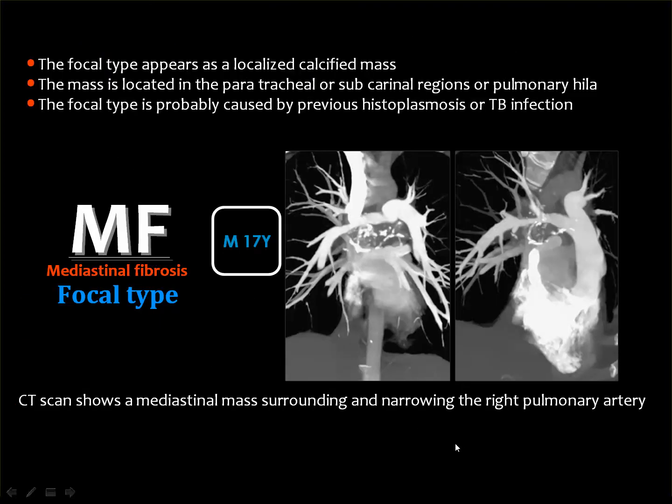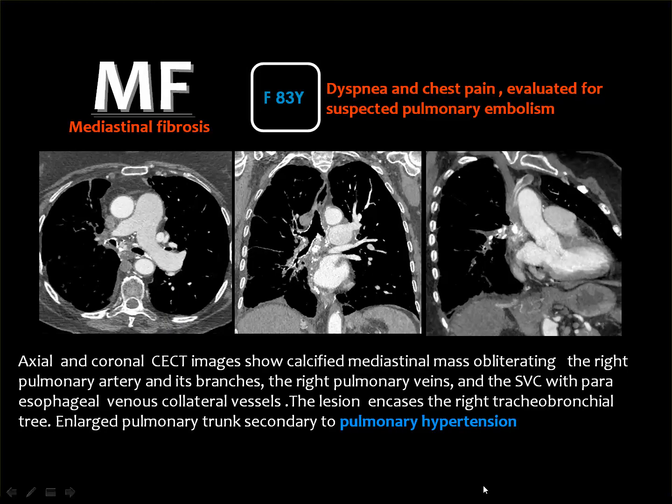We have two types of fibrosis: the focal type, which presents as a focal mass of soft tissue density containing patchy calcification. The mass may show contrast enhancement, and if you have a PET-CT, the mass will show metabolic activity. The most common cause of this mass is TB infection and sometimes histoplasmosis.